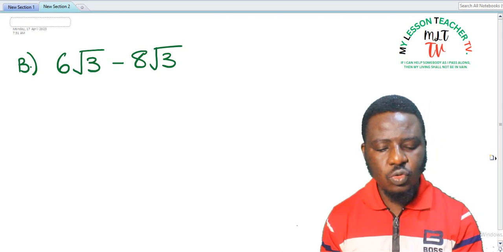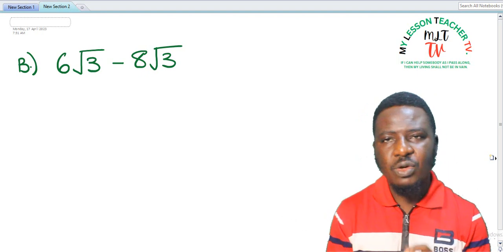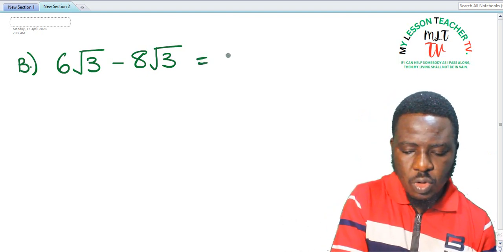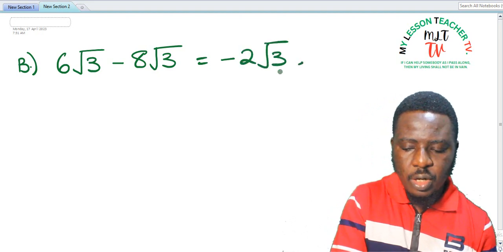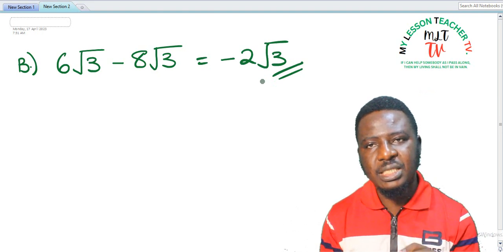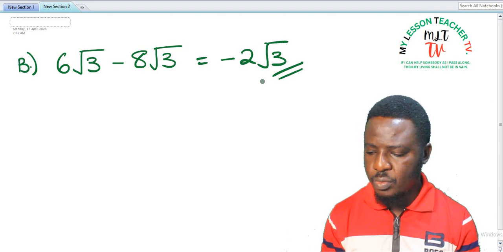Alright, so we have 6 root 3 minus 8 root 3. And 6 minus 8, we know is going to give us a negative number. So this is equal to negative 2 root 3. When you use your number line, 6 is less than 8, so it's going to give you a negative value.